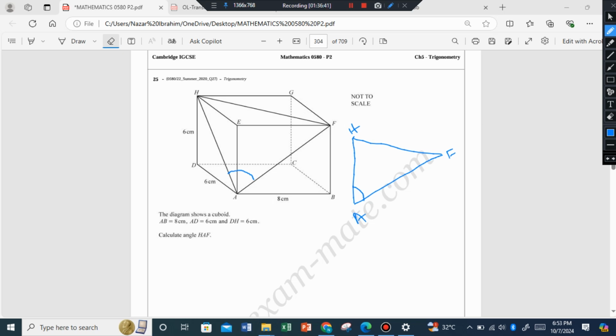So first I have to think which law to use. It's not a right angle triangle, so we cannot use the ratios. We don't have any sides, so first we have to take out these three sides. If we get these three sides, we can apply the cosine law, right?